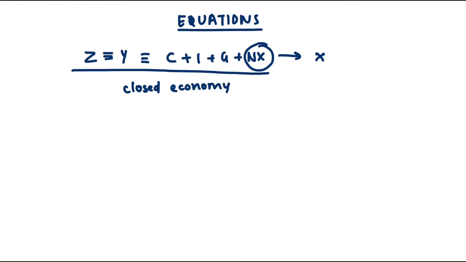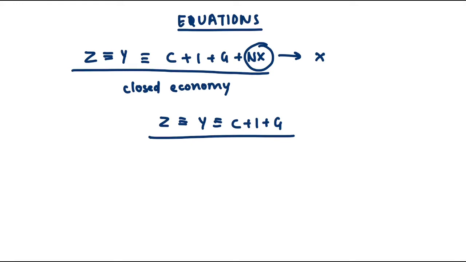You could, of course, do this entire procedure even when NX is available, but then we can make simplifying assumptions without really affecting the final analysis of our model. And when we can do that, we should do that. So we'll ignore this right now, which means that this is what we're left with: Z equals C plus I plus G.